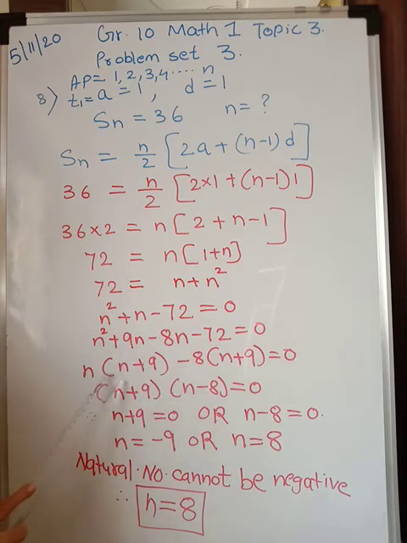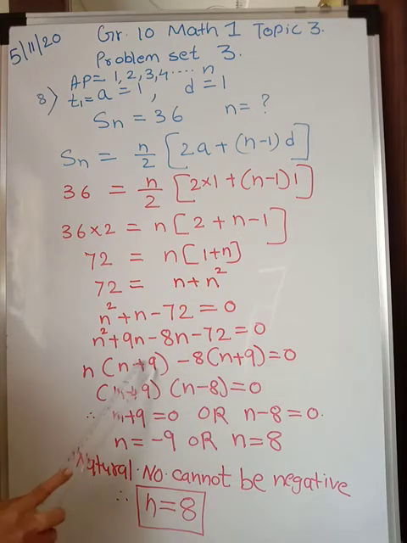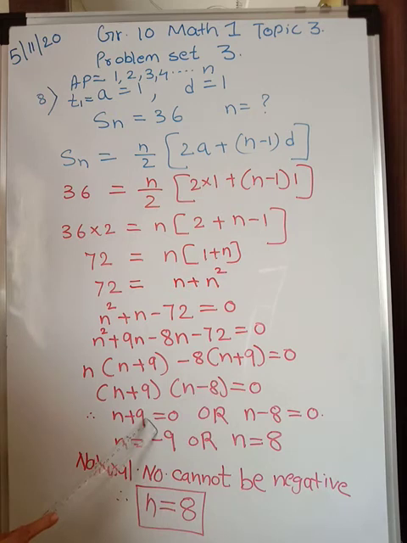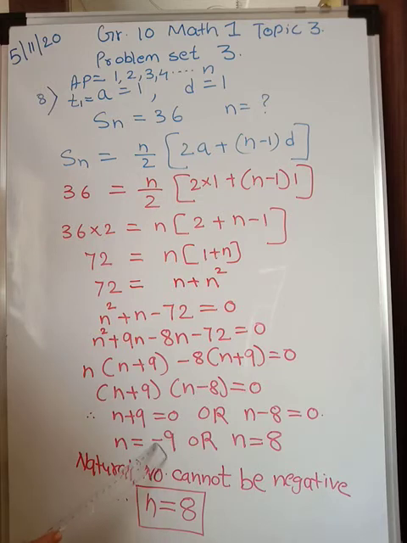You have over here n outside, n plus 9, minus 8 outside, again n plus 9 equal to 0. So now in this n plus 9 is common, n minus 8 is equal to 0. So either n plus 9 will be 0 or n minus 8 will be 0. So n will be equal to minus 9, or n will be equal to 8, shifted over here it becomes plus 8.